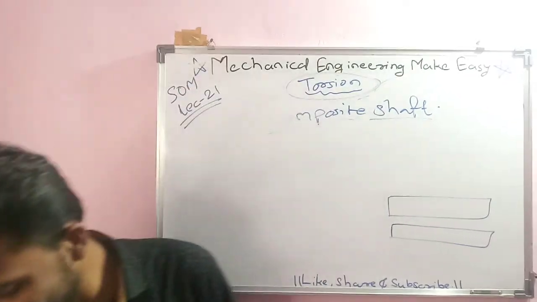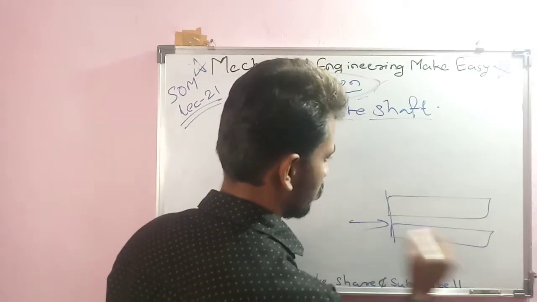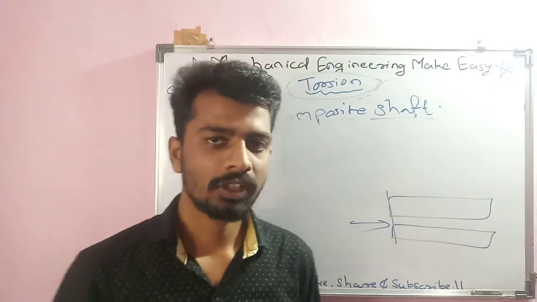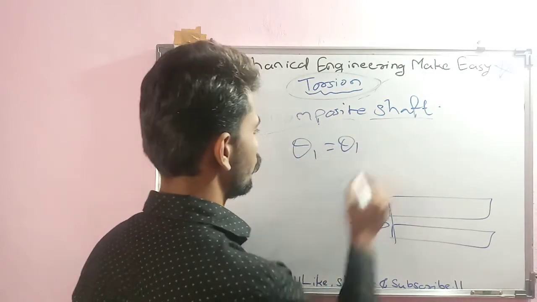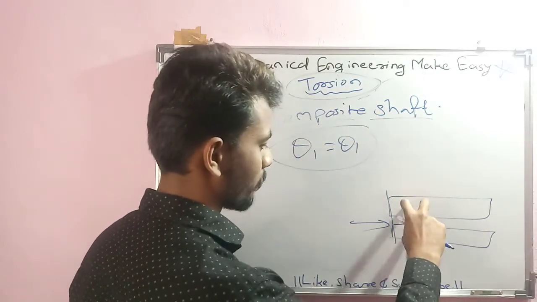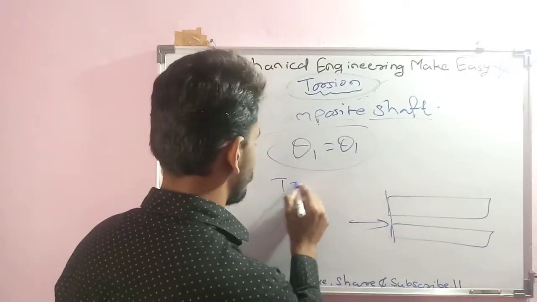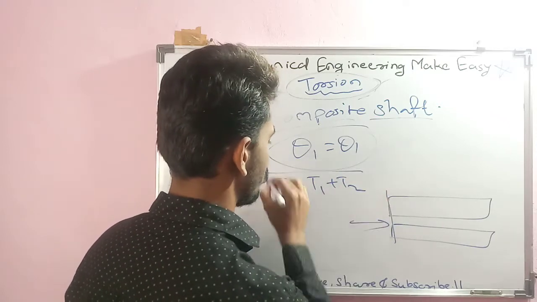If we are combinedly supplying torque to two shafts, and the two shafts are in parallel, then what will happen? Ultimately theta 1 equals theta 2. As torque is supplied in parallel, theta 1 equals theta 2 and the torque will be the addition, T1 plus T2.